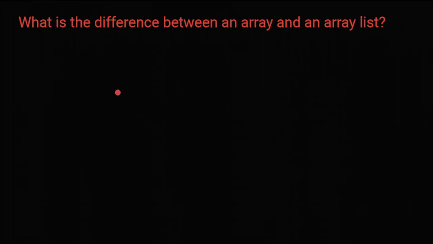Coming to the next one, we have the difference between array and array list. If you are into programming a lot, you must be aware of both of these terms, like how you use them, what is the size of these data structures, and when do we use these data structures. If you talk about array, it has a fixed size.